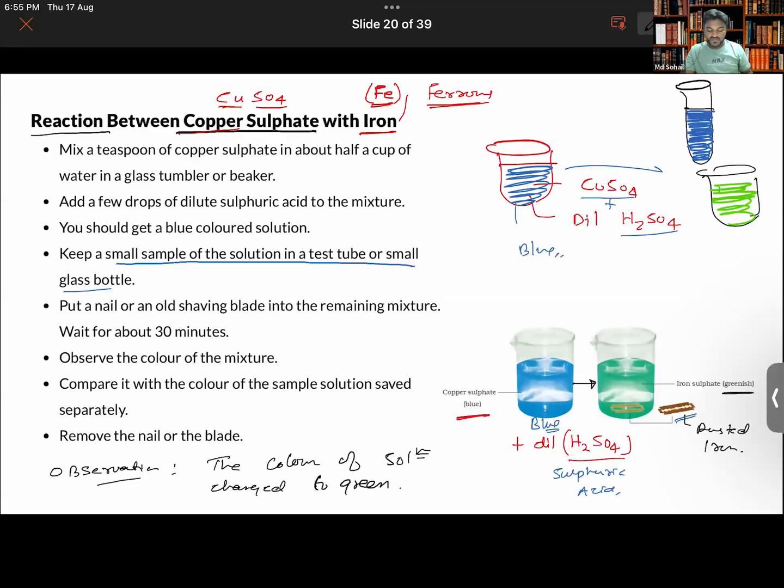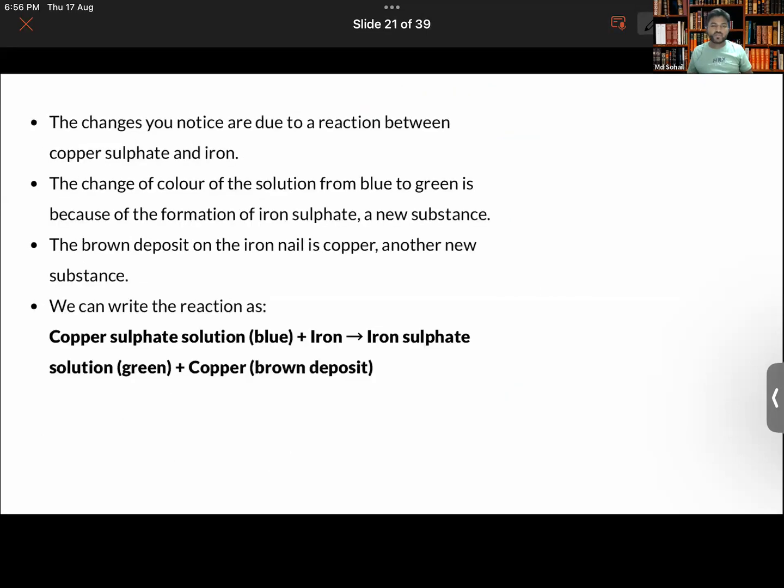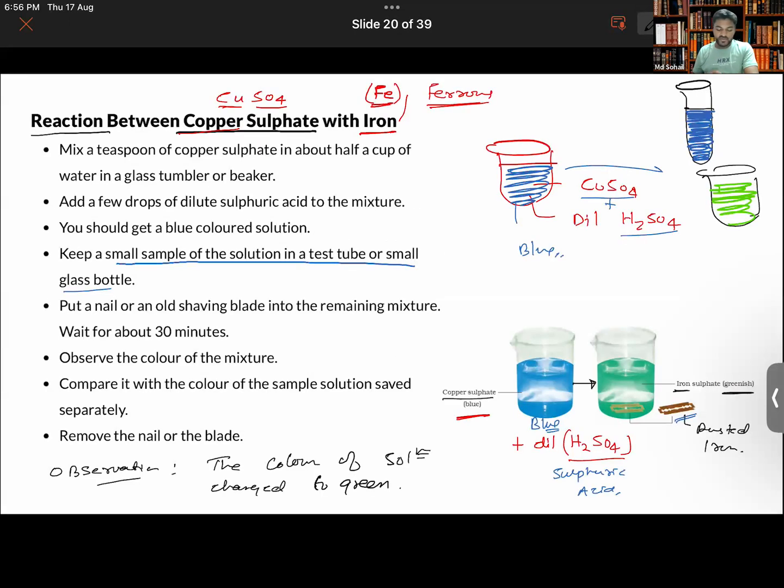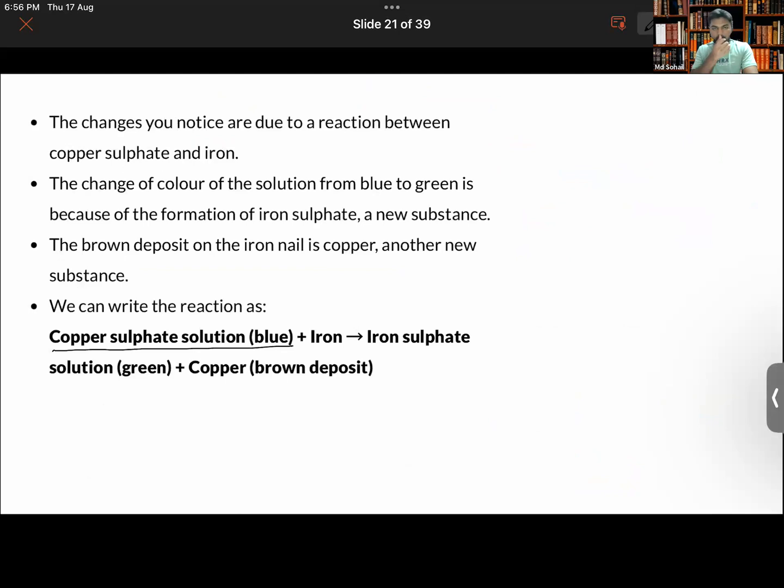Let's come back to this slide here. This copper sulfate and this iron, the reaction has taken place here. But what type of reaction has taken place here? Originally, we had copper sulfate solution, which was blue in color, right?